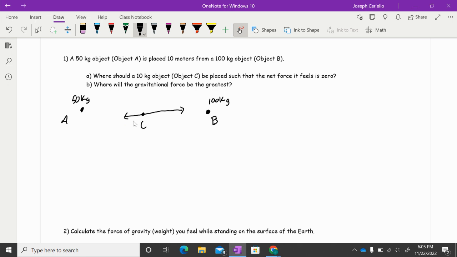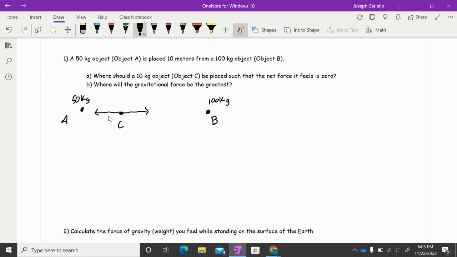So we know that it can't be placed directly between the two. What if I move it a little bit to the left? If I move it a little bit to the left, the force between C and B is going to get smaller because the distance is greater. But the force between A and C is going to get bigger because the distance is smaller.